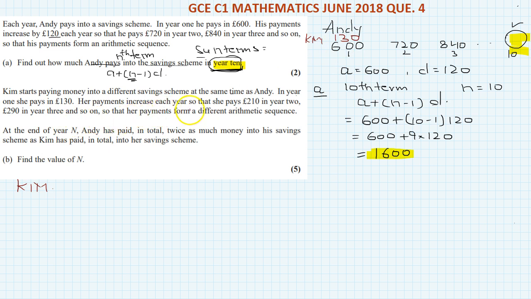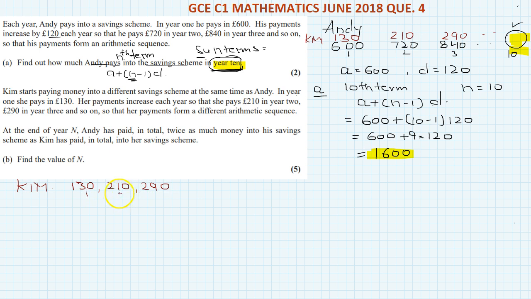Her payment increases each year so that she pays 210 in the second year and 290. So Kim is paying 130, 210, 290.